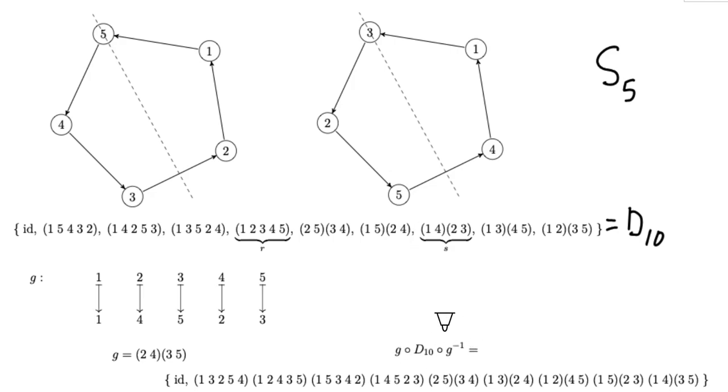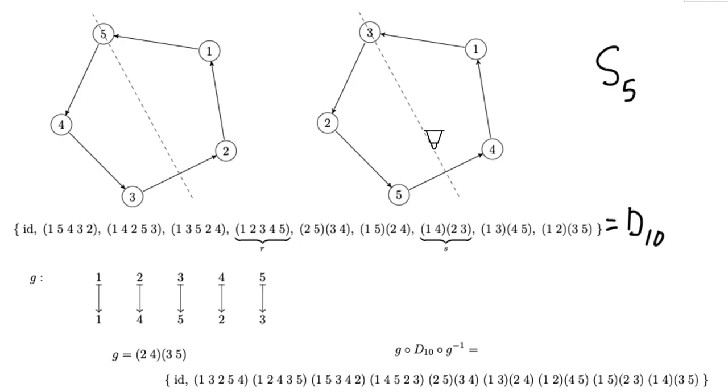We call that a conjugate subgroup of D10, and in cycle notation, we can see the cycles of the permutations that would preserve this configuration over here.